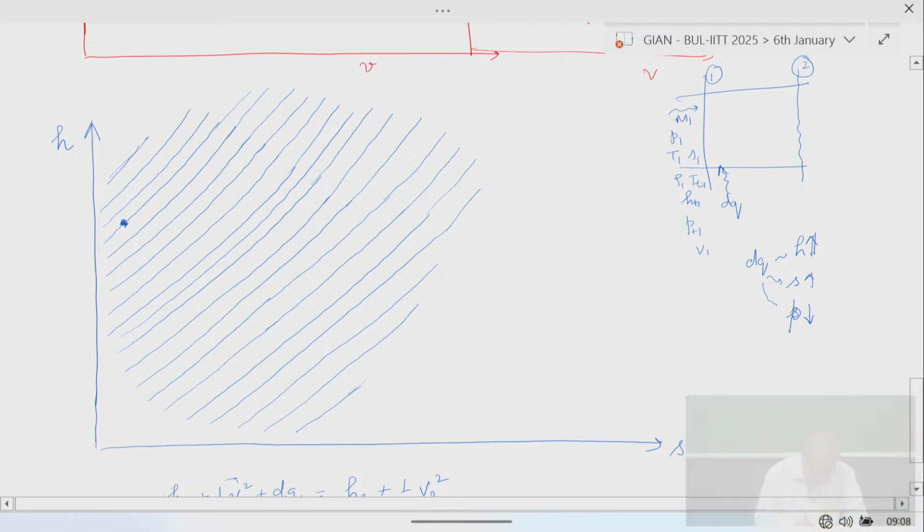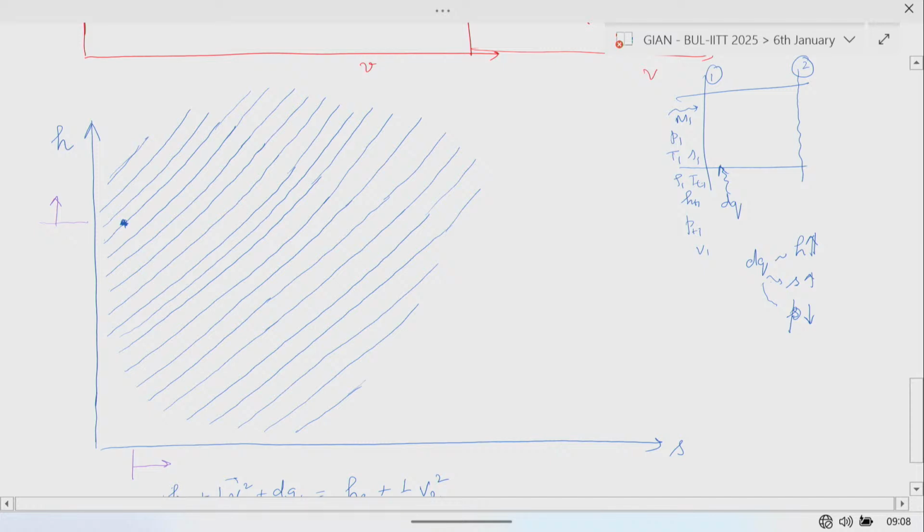My next point should be above this, and to the right of this point, but then my pressure should decrease.